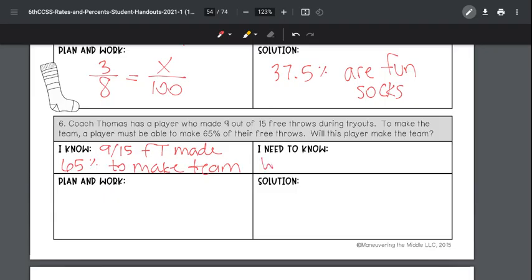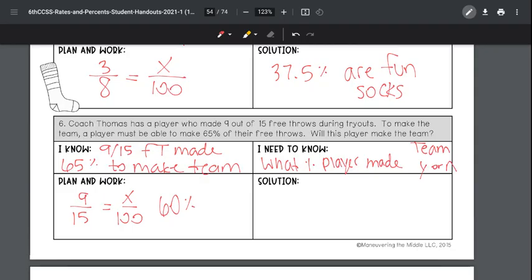I need to know what percent the player made, and is he on the team, yes or no. So if we make 9 out of 15 free throws, what percent is that over 100? Cross multiply and divide, and we figure out that he makes 60% of his free throws. 60% made.